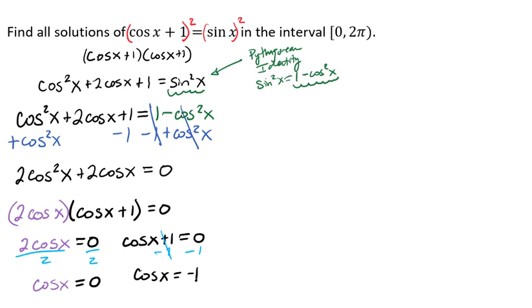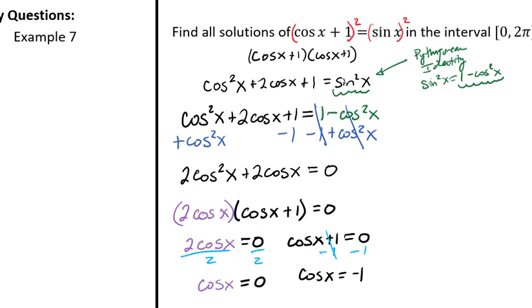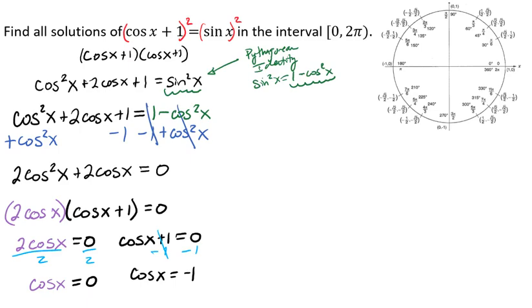And so now we're going to look at our unit circle. Looking at our unit circle, we want to know, where does cosine equal 0? So where is the x value 0? We see that that occurs here at 0, 1, and it occurs again down here at 0, negative 1.